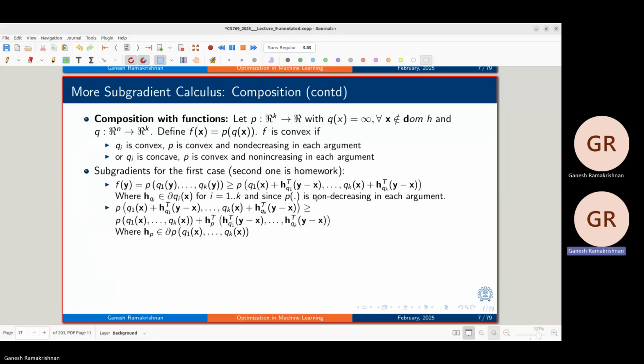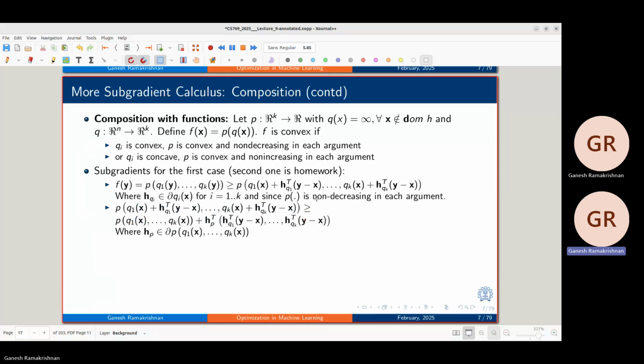So what is the final expression? This will be a vector, of course. HP is not a scalar. You can also consider it element wise. So how about the following?